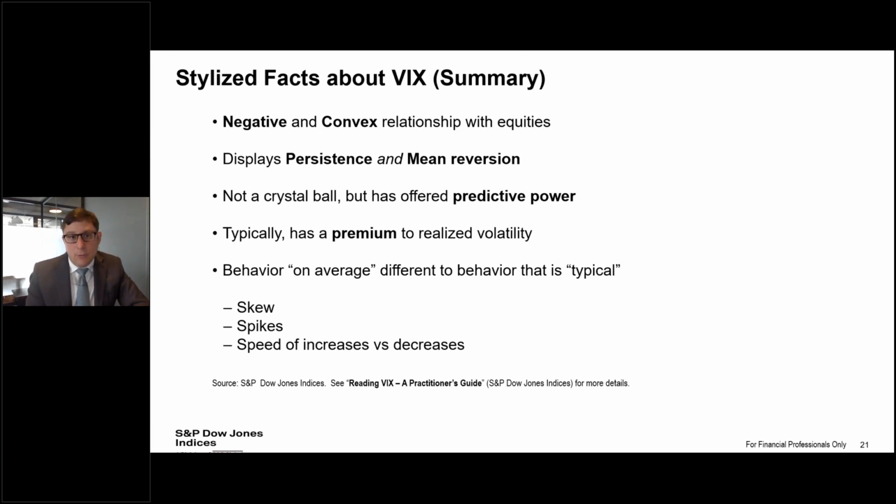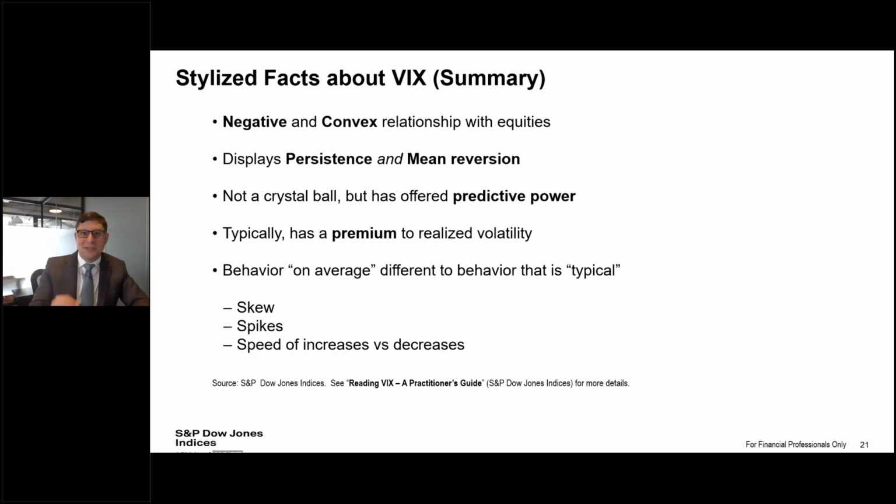It is not a crystal ball, but it has offered a degree of predictive power, and it is typically an overestimate. There's a premium in the index relative to realized volatility. And one thing that I really want to emphasize: the behavior on average with the VIX is very different to the behavior that's typical.